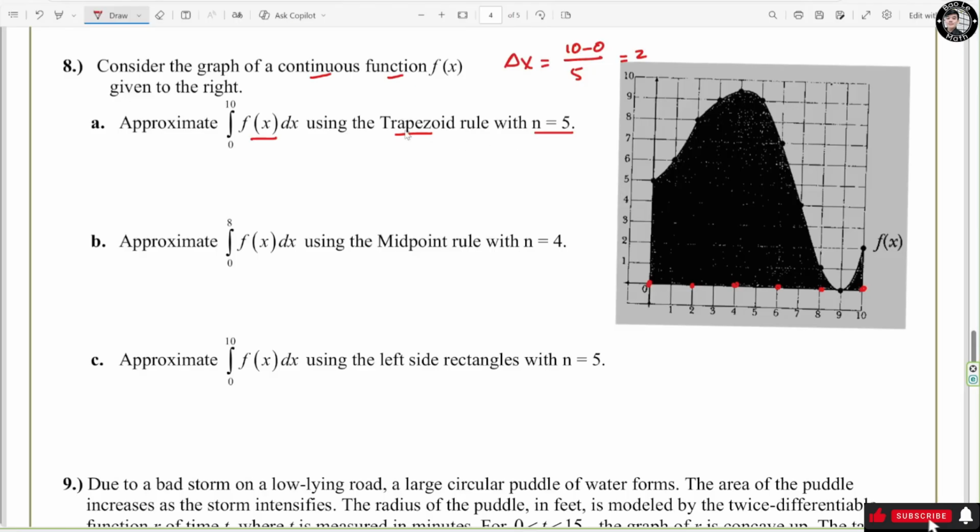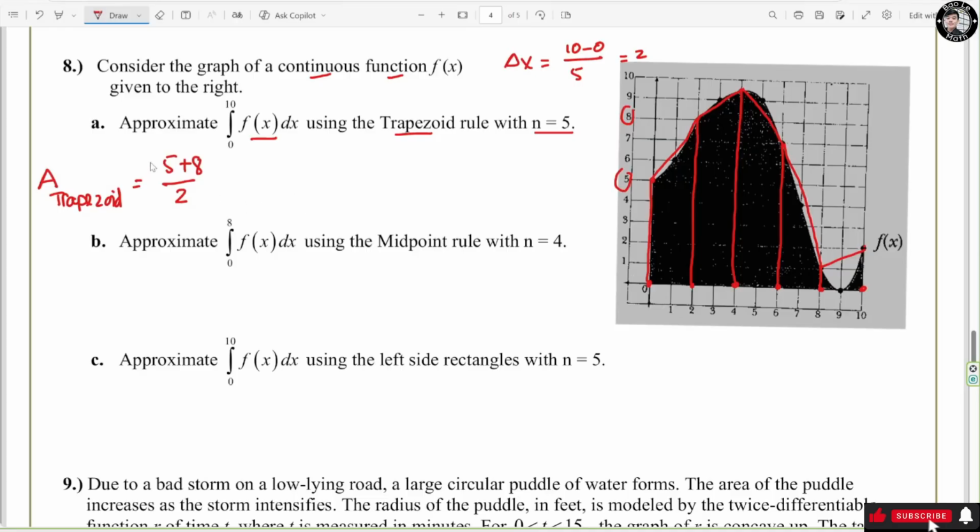Now this one is a trapezoid. So you have the area using the trapezoid. Base 1 right here is going to be 5, and base 2 right here is going to be 8. 5 plus 8 divided by 2 times the height, which should be 2.